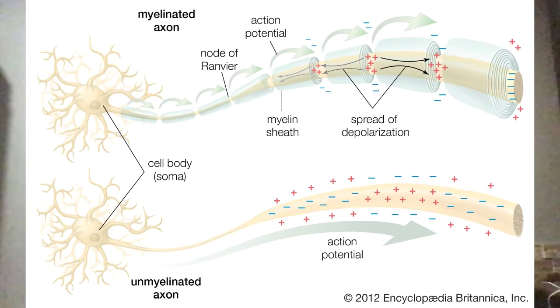Not so much the organelles, those are mostly up in the cell body, but it also does contain many of the ions. Remember, the inside of a cell is usually negative at rest, because of large negative proteins and other anions. It'll also contain other substances as well, other ions and things.